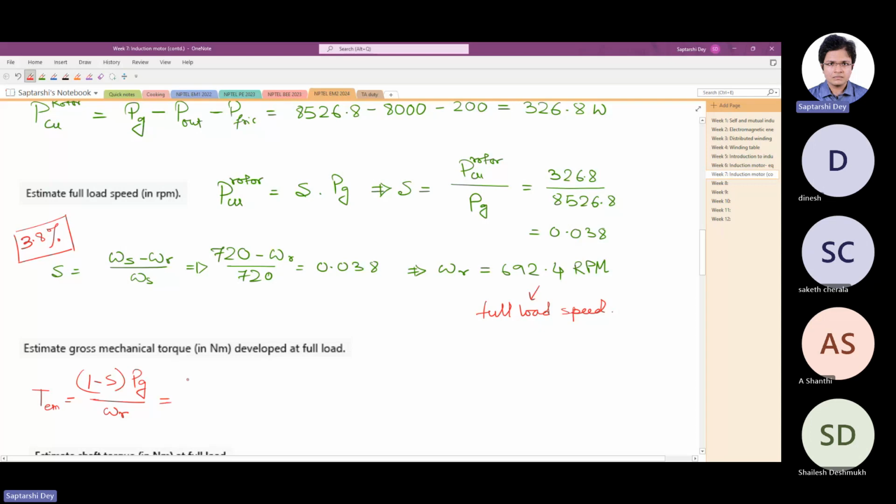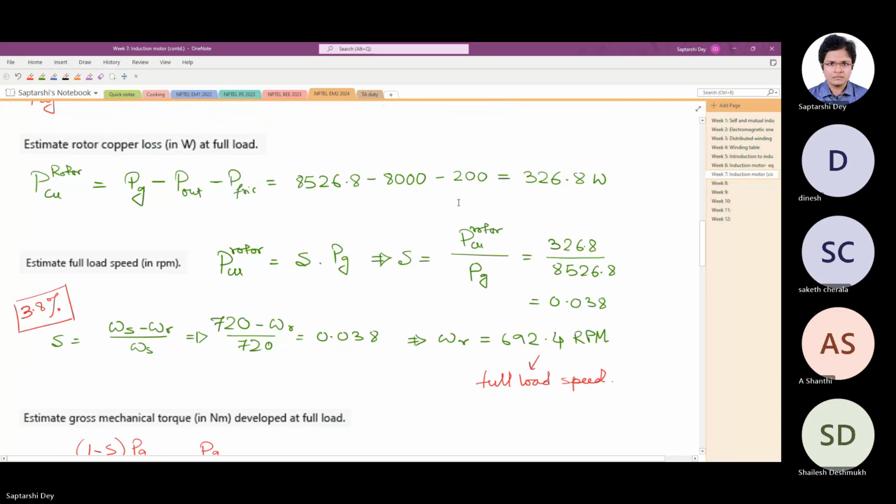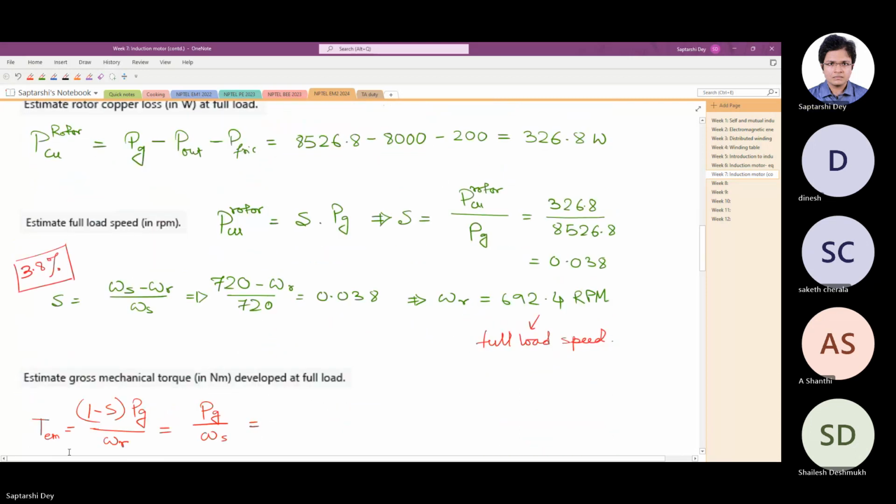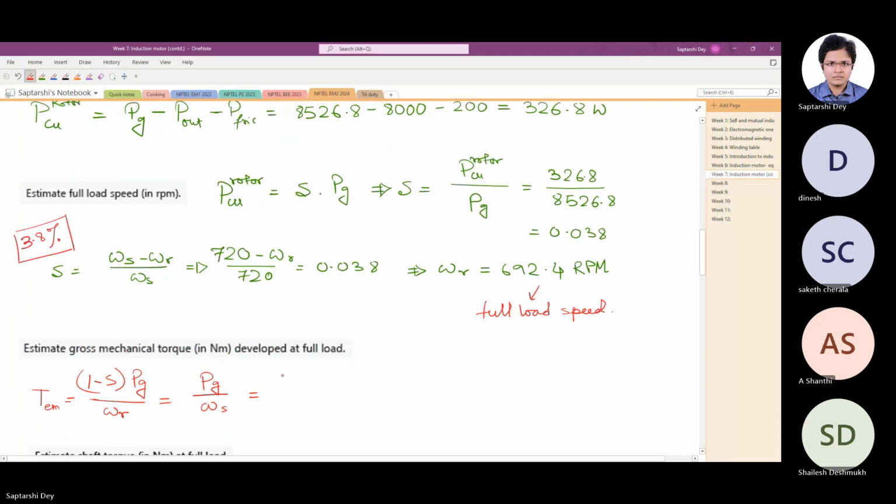Now, omega R by (1 minus S) is omega S. So what we are getting is PG, 8526.8, by omega S. This should be in SI units.